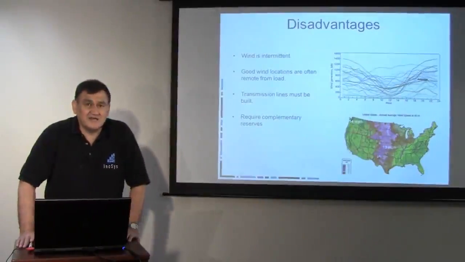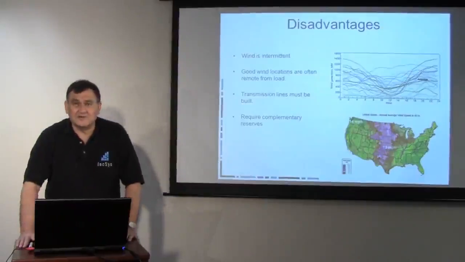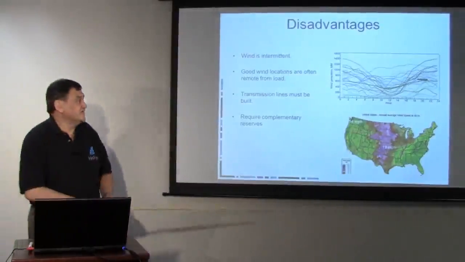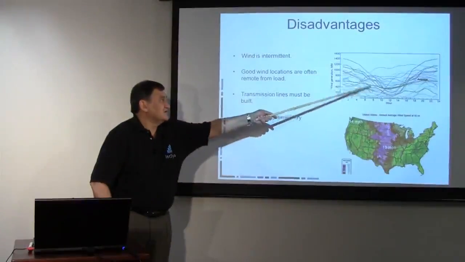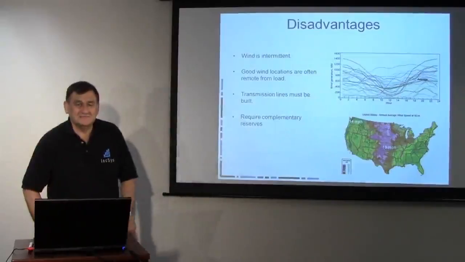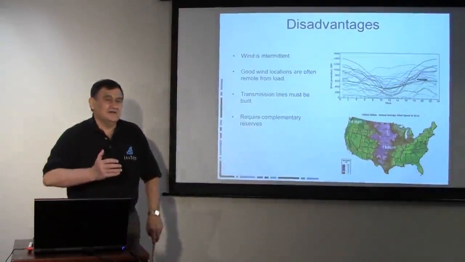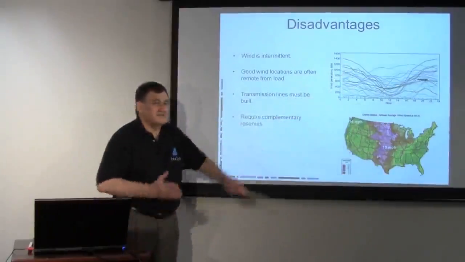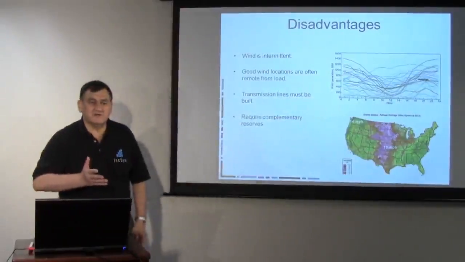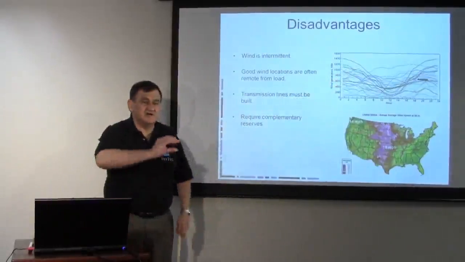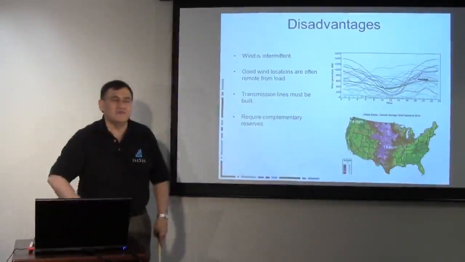The disadvantages are the wind is intermittent. If we look at a graph which shows given days of a month, we see such a tremendous variation of wind from one day to another. Now, it's not as bad as it may seem looking at that graph. On a given day, you can actually get very good forecasts based upon a 95% confidence level of where your wind will be and where your output would be.